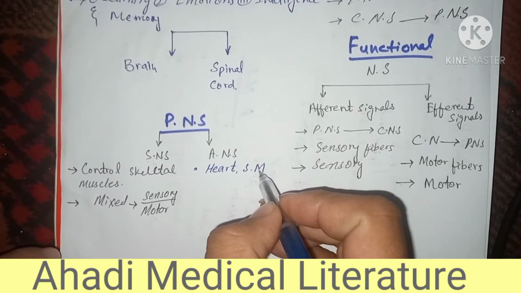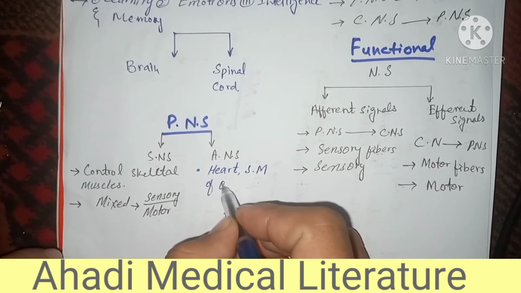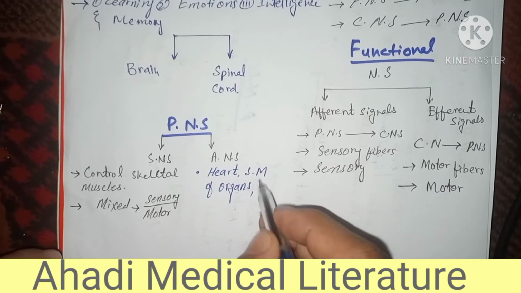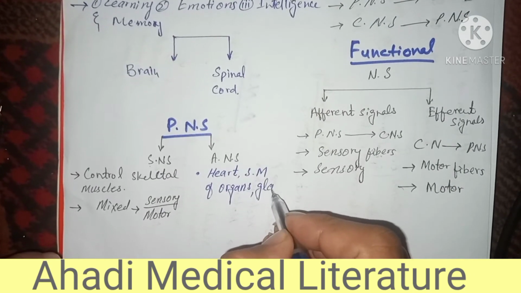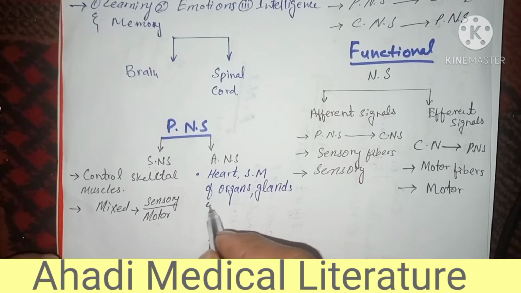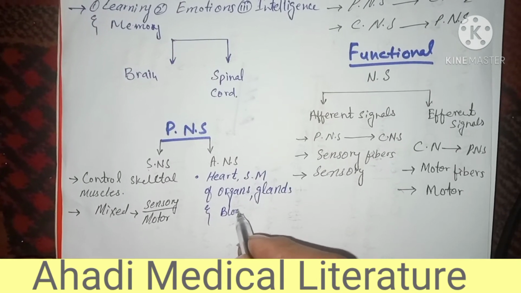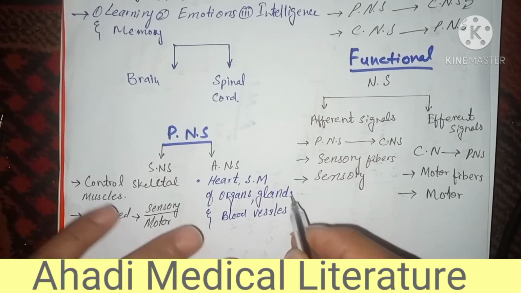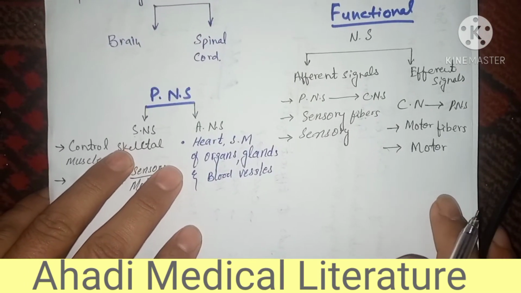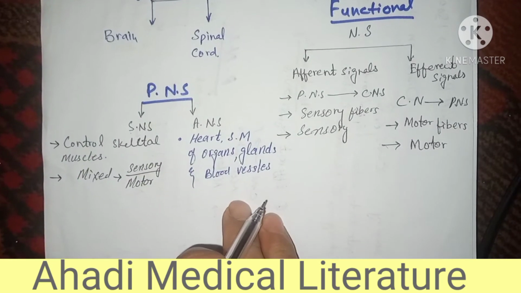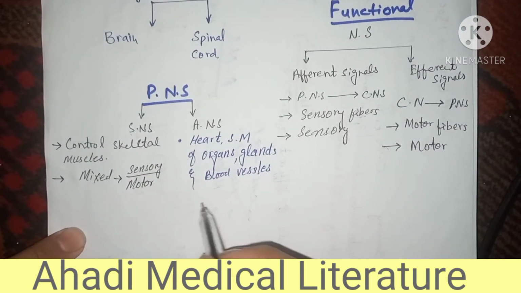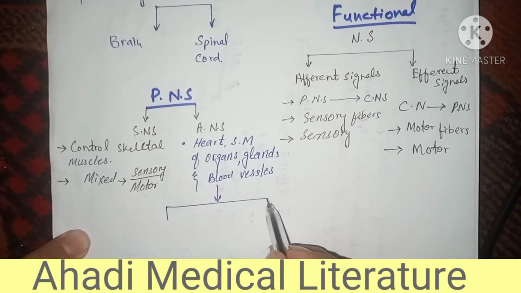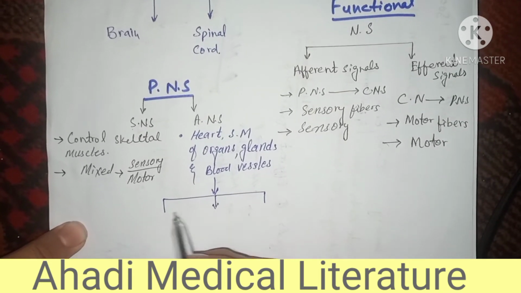SM means smooth muscles of organs, glands, and blood vessels. The autonomic nervous system further consists of three parts.